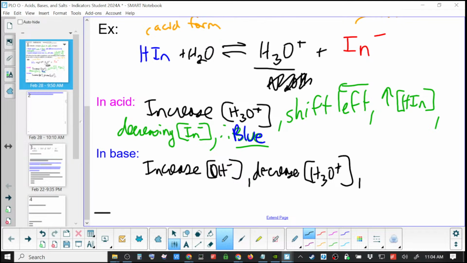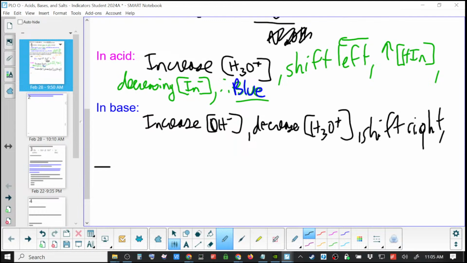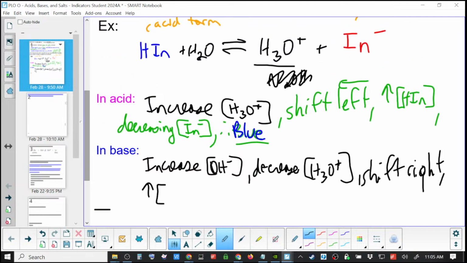So shift right, increasing the concentration of IN minus.